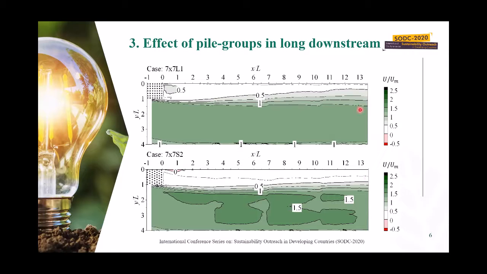From the velocity gradients, here we can see that band 1 and band 0.5 have a wide gap at the end section compared to the S2 pile arrangement. It shows that the S2 type can maintain the low velocity to the far downstream, even more than 14 times the length of the structure.